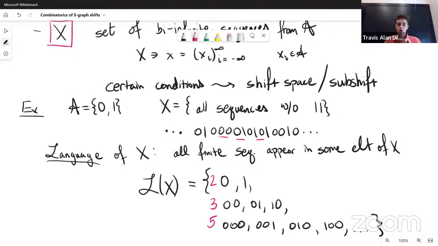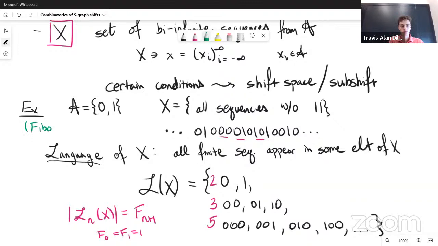And if you go through a little bit of a combinatorial argument, what you'll find is that the number of words in the language of length n is the (n+1)th Fibonacci number. Now, this depends on your indexing. Here I'm choosing f(0) = f(1) = 1. But they're given by the Fibonacci numbers. So we could, for example, call this shift space the Fibonacci shift.